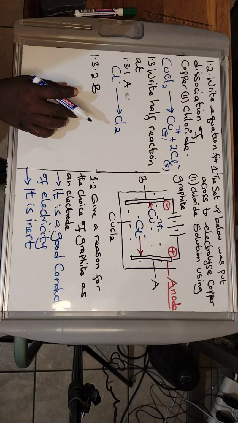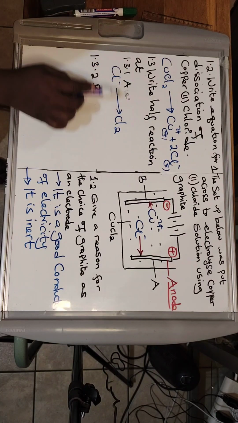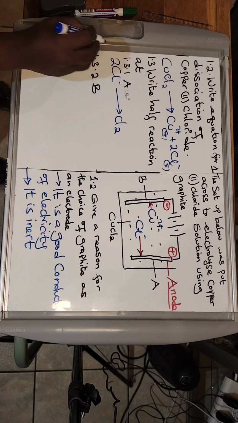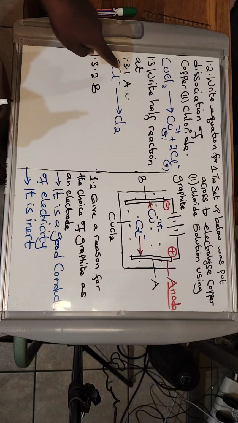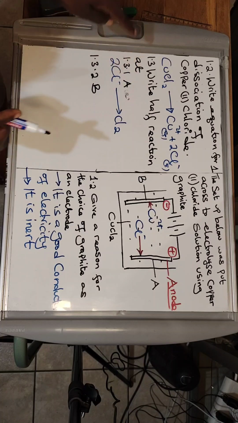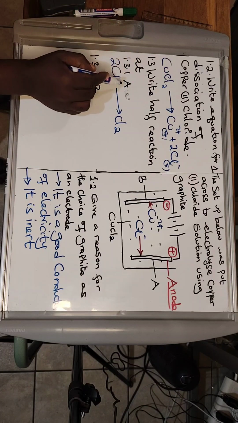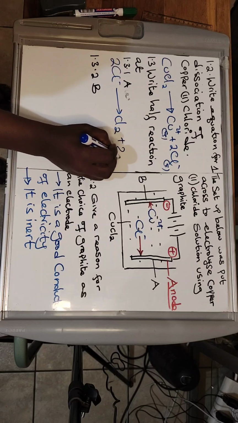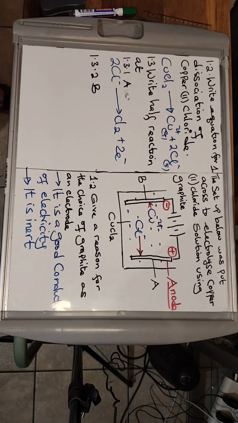Before you proceed here, you see that these two are not balanced. So you put a 2 here to balance, but the 2 also helps you to give the number of electrons involved. And how many are they? It's -1 times 2, which makes it 2 electrons on that side.